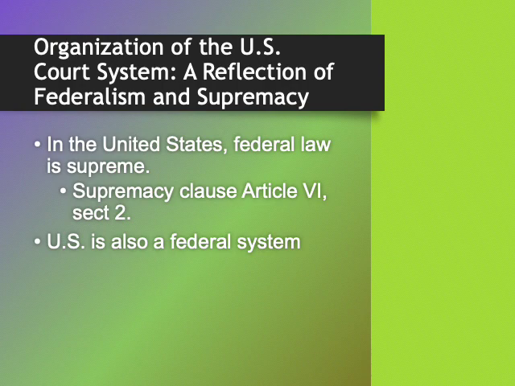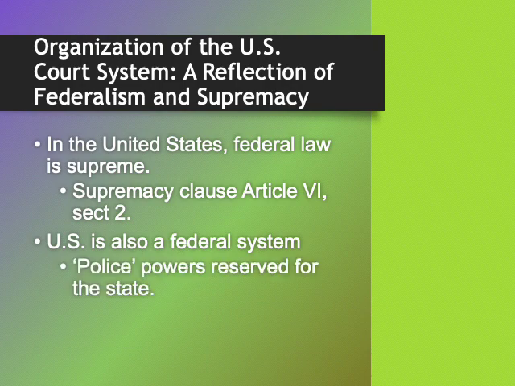But whatever the states are not forbidden from engaging in, and that is not authorized to the federal government, those powers fall to the states. That's what's known as the reserved powers. It comes from the 10th Amendment in the Bill of Rights, and they're oftentimes referred to as the police powers.